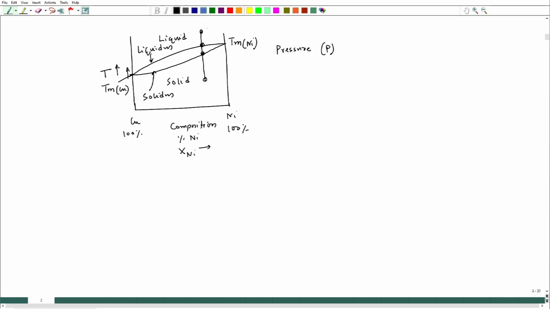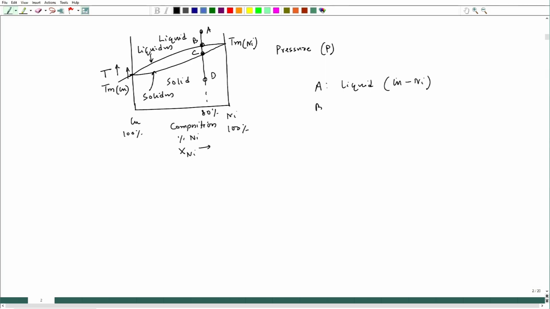So, for example, let us mark A, B, C, D. At point A I have only liquid, and in this liquid I have copper as well as nickel, let us say 80% nickel. So, 80% nickel will be there with copper and they will all be in solution. Since it is a liquid, we call it a liquid solution.